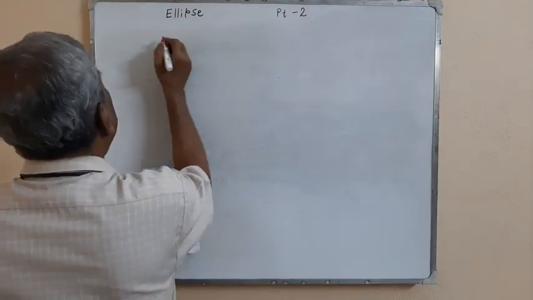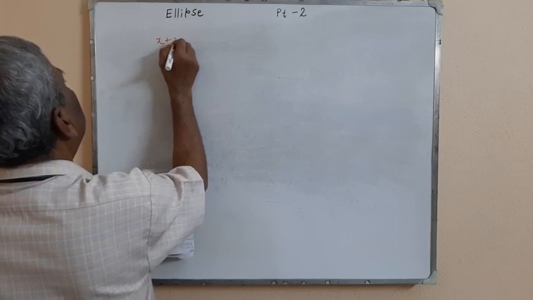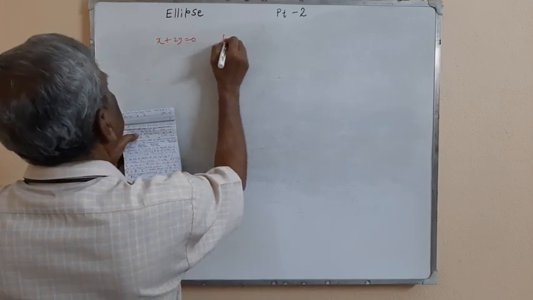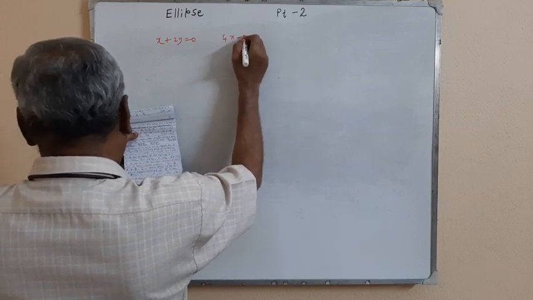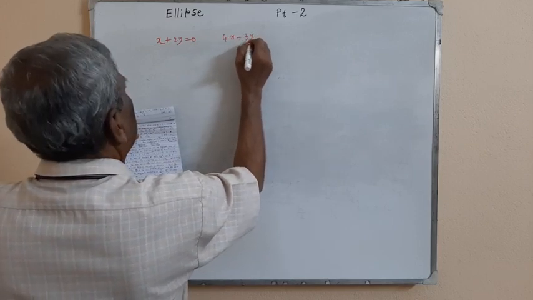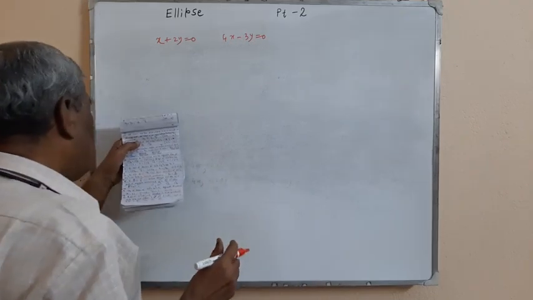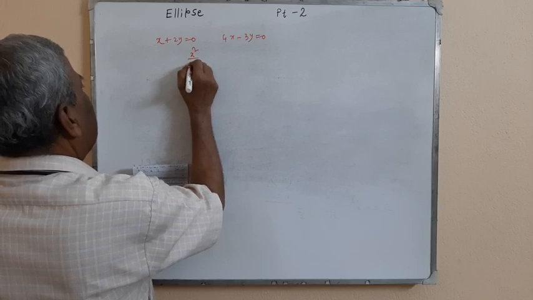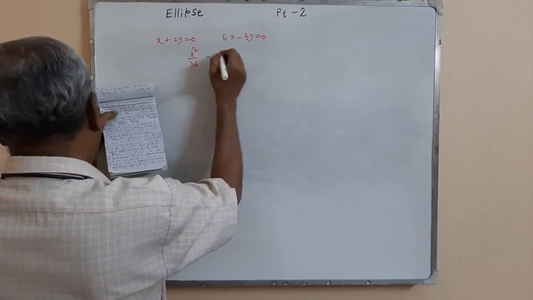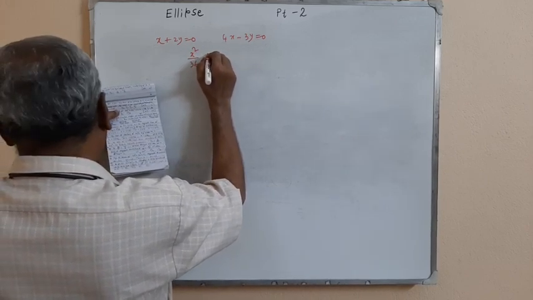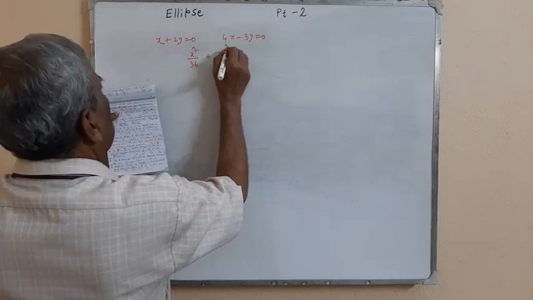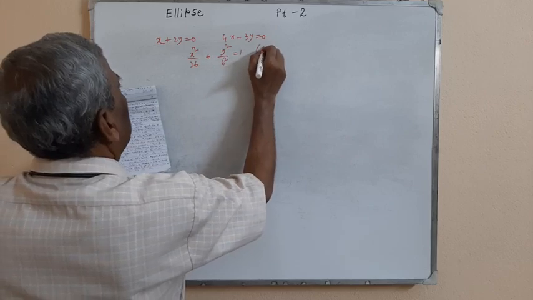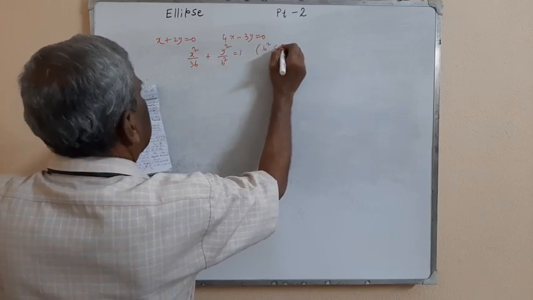X plus 2y is equal to 0 and 4x minus 3y is equal to 0 are two conjugate diameters of x square by 36 plus y square by b square is equal to 1, given b square is less than 36.